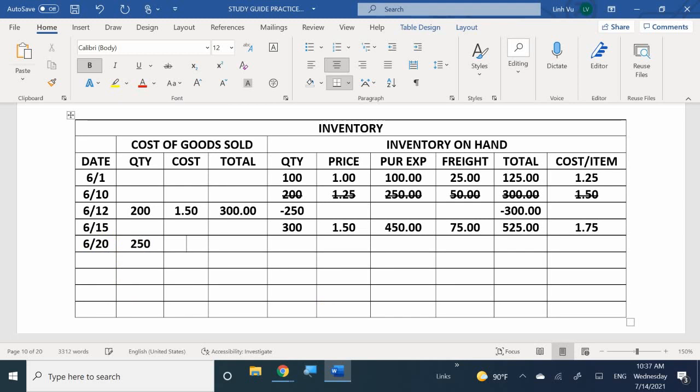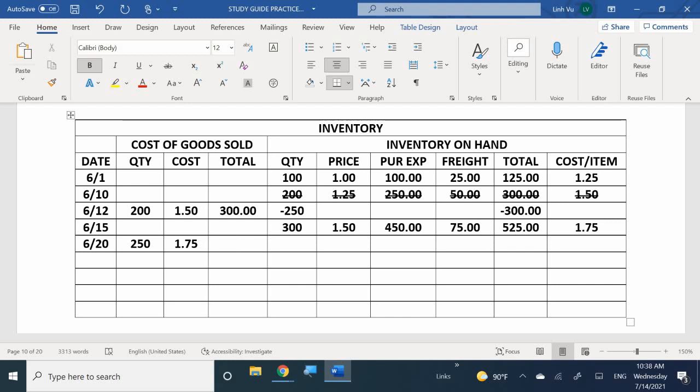Now, out of the two batches I have, the one for 125 and the one for 175, which batch am I going to be taking out from first? The 300 batch. Yes, so it's going to cost me $3.75.